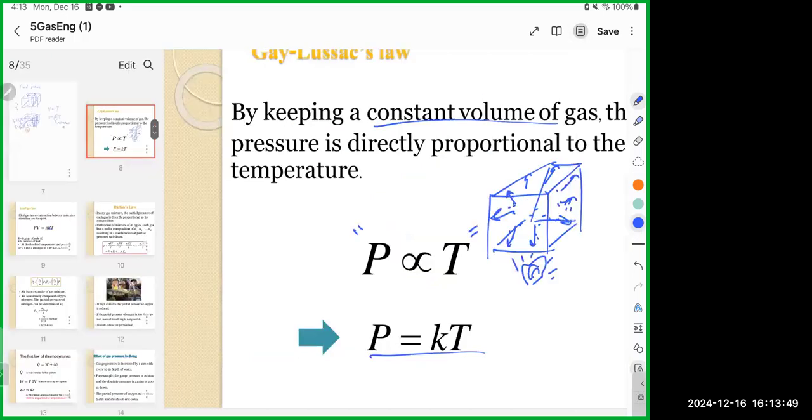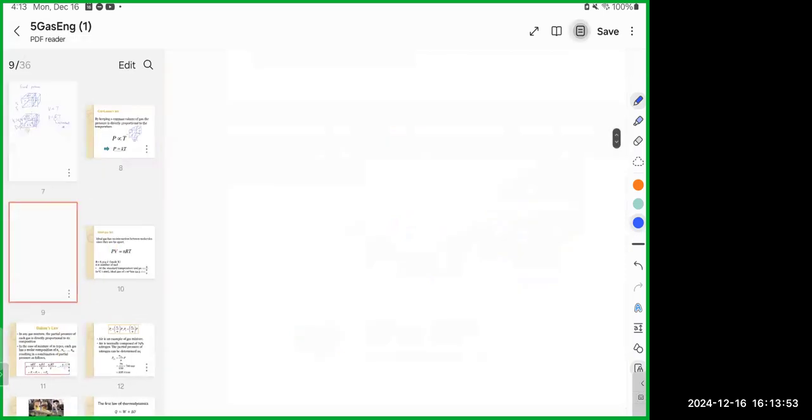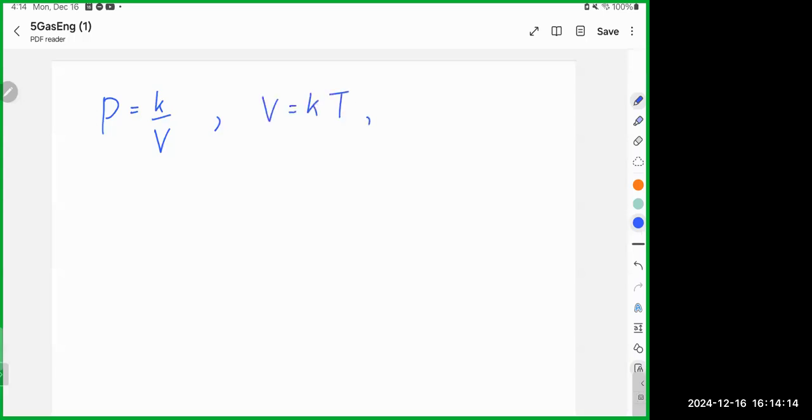Before I go next, to put everything on the same page, from Boyle's law we have pressure equal to K by V. By Charles' law, we have the volume equal to KT. And for the last one, from the Gay-Lussac law, the pressure equal to KT.